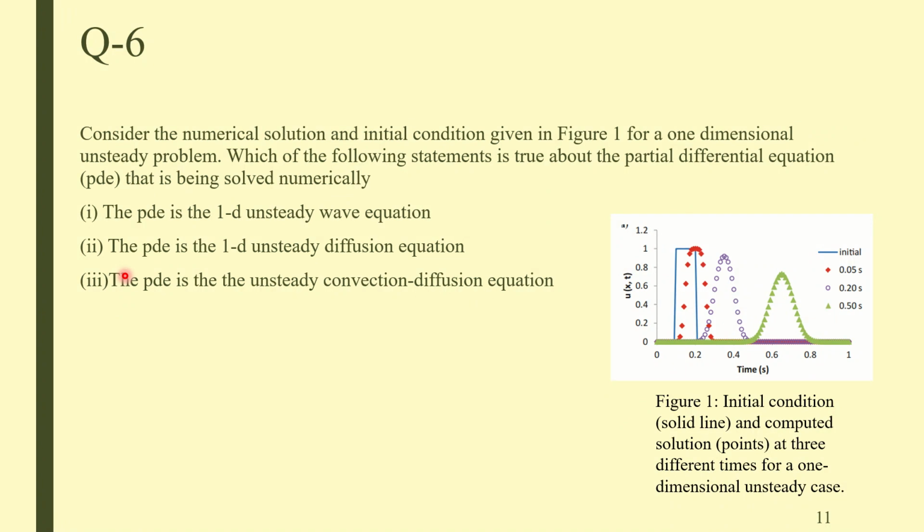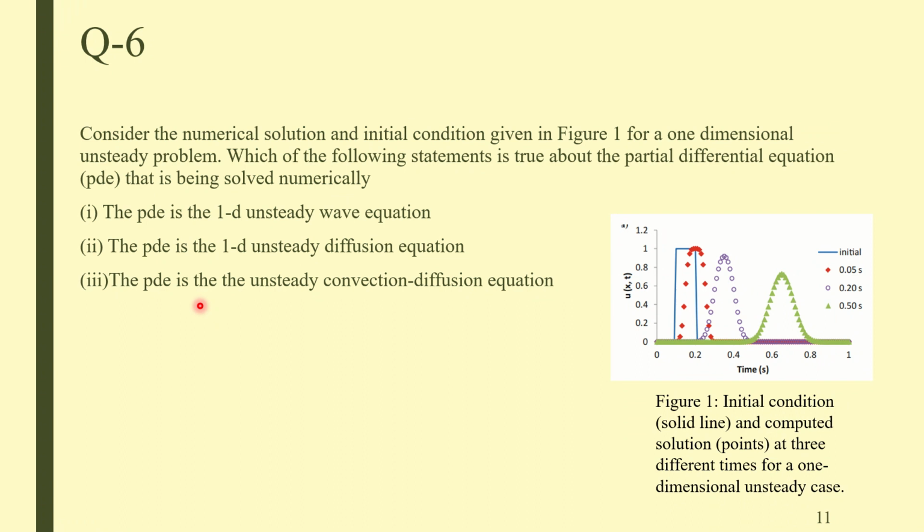Only dispersion, that is, diffusion of the wave, would take place. The whole movement would not take place. Since this problem is moving as a whole along with diffusion, it is not a one-dimensional unsteady diffusion equation.